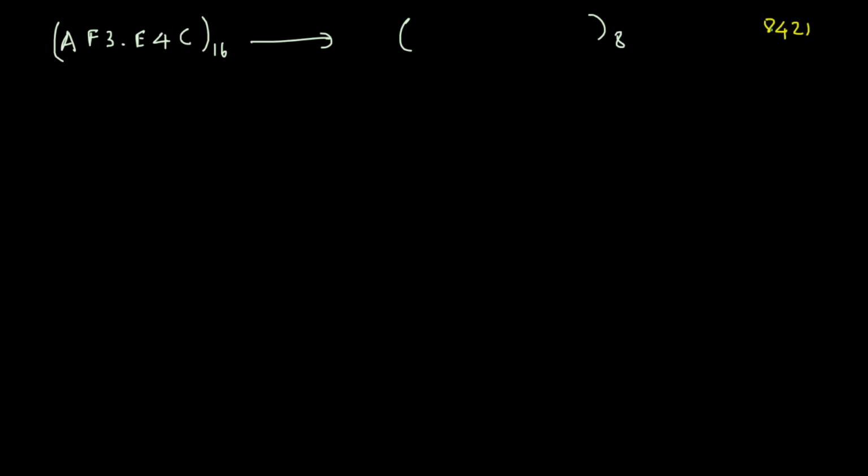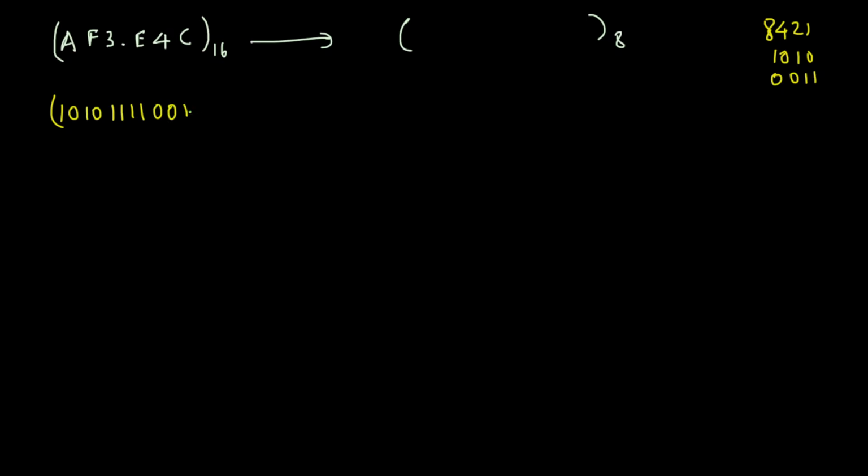to convert into binary, we know that A is 10, so we need 1010, so we should put 1010 for it. And then F is 15, which is all 1 1 1 1, and then for 3 we need 0 0 1 1.